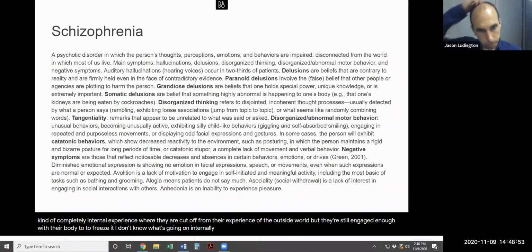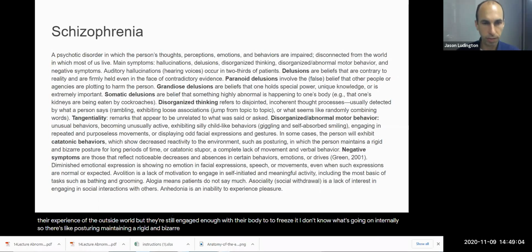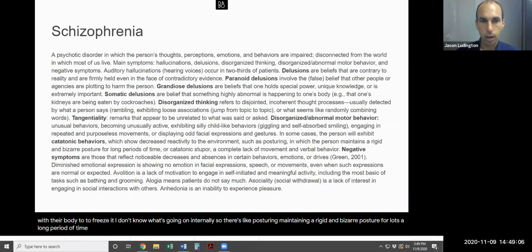So there's posturing, maintaining a rigid and bizarre posture for a long period of time, catatonic stupor, a complete lack of movement and verbal behavior. There's also negative symptoms.